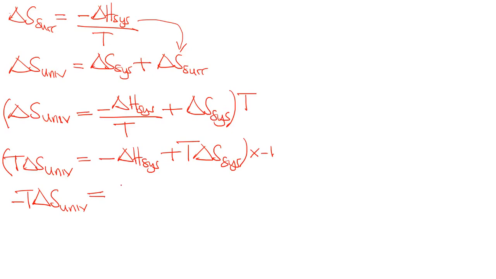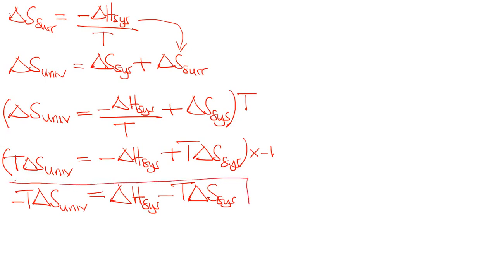So this one will just be delta H system, that is the enthalpy of the system. This negative multiplying by the positive, this part becomes negative. Minus T delta S system. So this is an important equation, and we will see why it is important.